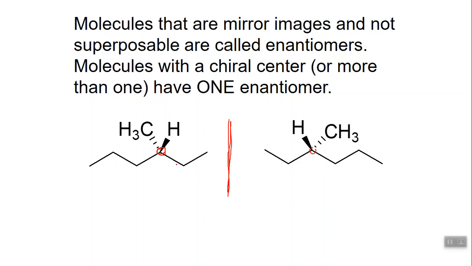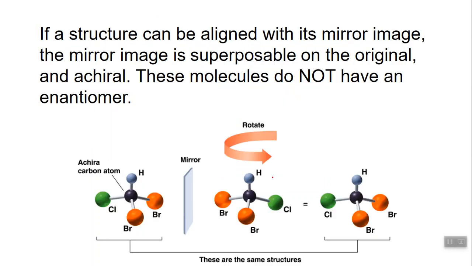If this was the reflection of this molecule here, then the backbone would go the opposite way. And on the third carbon here, you have your hydrogen that's still coming toward you and that methyl group that's still going away. So these are non-superposable, meaning that if you tried to align all of the atoms, you wouldn't be able to do so. These are actually isomers. They're two different molecules. They have different properties.